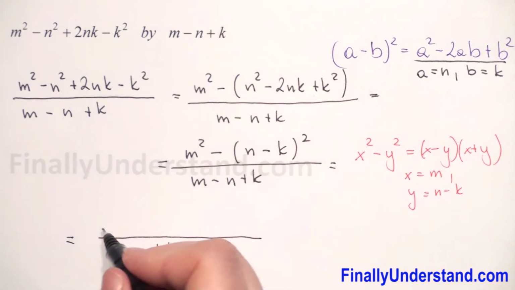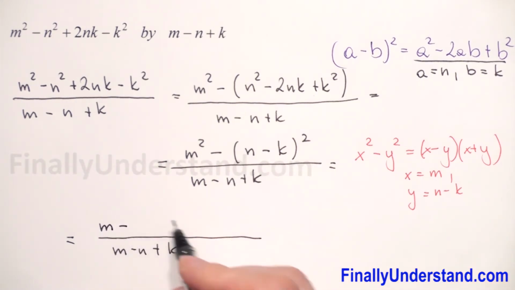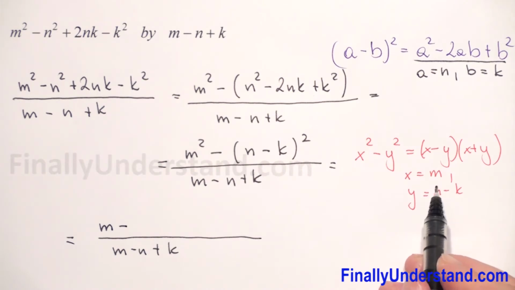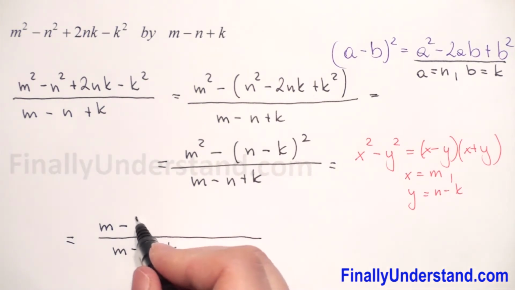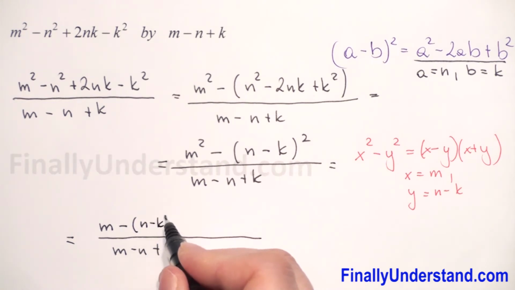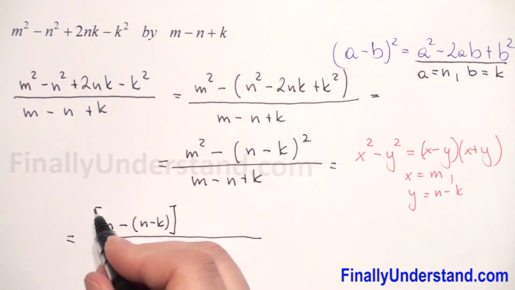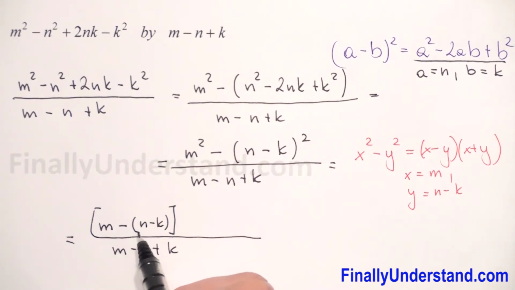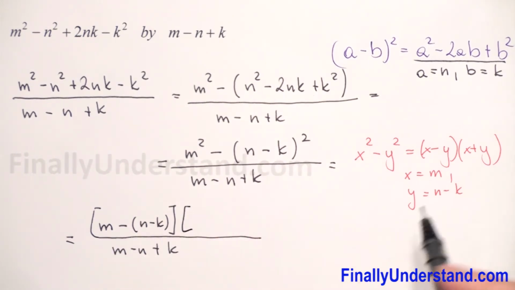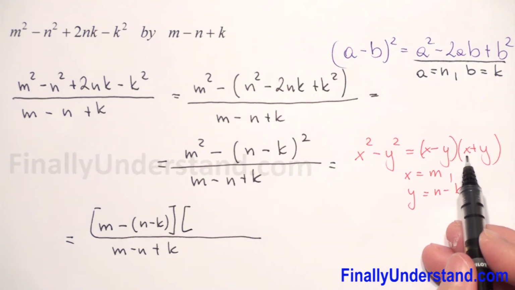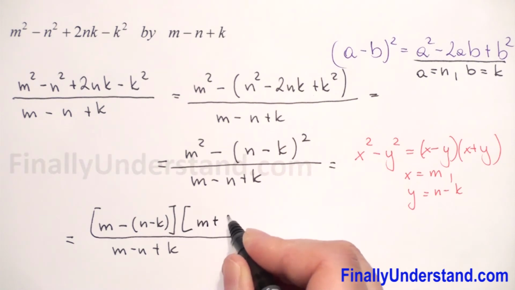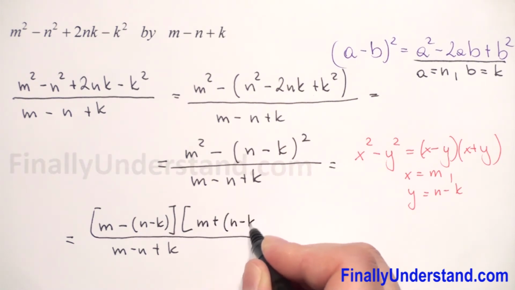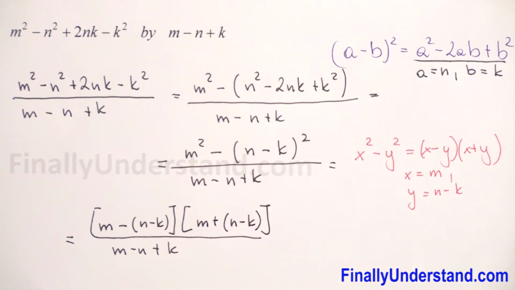and in the numerator we will have x minus y. So in our case we have m minus, and because we have minus before these two terms, I will write this in parentheses, n minus k, and everything I will put not in parentheses but in brackets now, because I have parentheses inside, and times, and open brackets again, and we have x plus y, so it will be m plus, in parentheses, n minus k, close brackets.